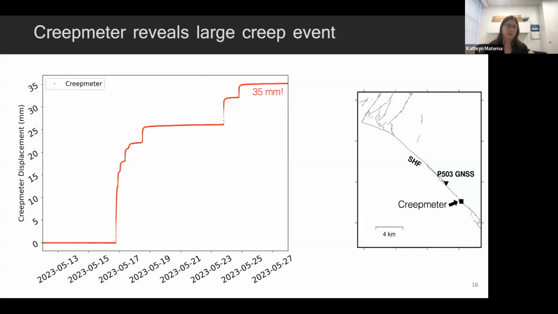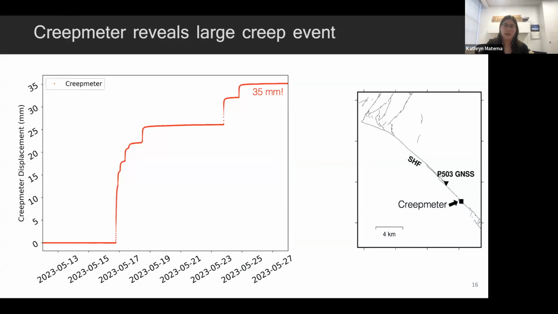The event was first noticed somewhere around the 17th of May this past year, when the creep meter recorded a very large and sudden episode of creep. You can see that it's also subdivided into eight or nine sub-events.